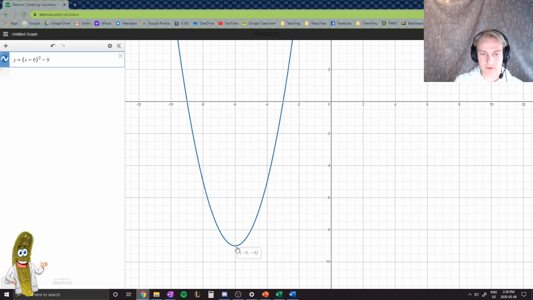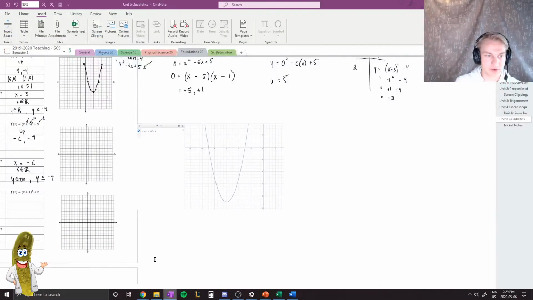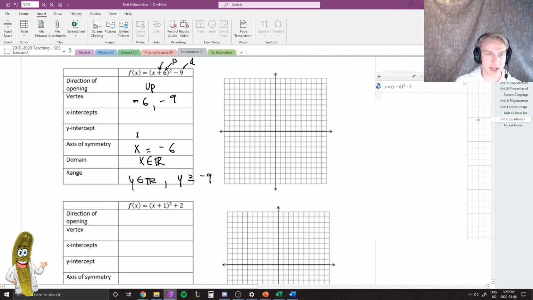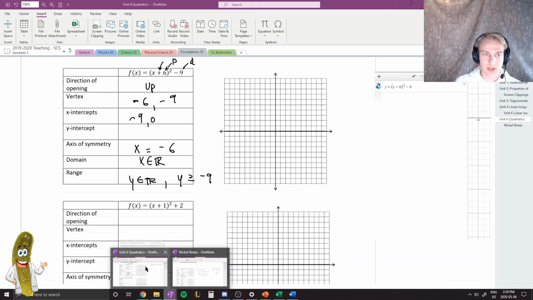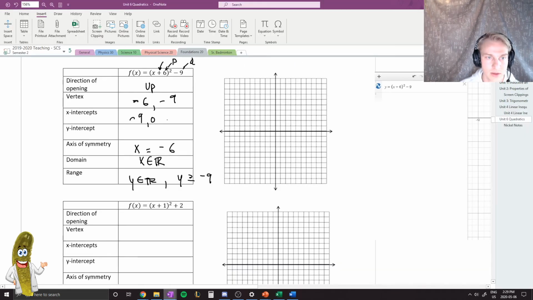First thing I do is check my vertex is in fact negative 6, negative 9. Wonderful. I would then check that this point up here is negative 9 comma 0. So that's one of my x-intercepts. So I go back to my little piece of information here, and I know that one of my x-intercepts is negative 9 comma 0. I'd check this other x-intercept, which is negative 3 comma 0.